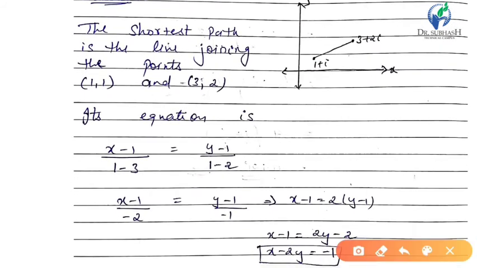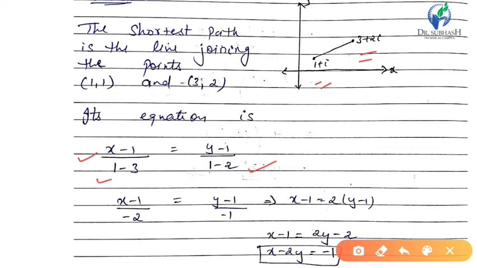See, the shortest path is the line joining the points 1, 1 and 3, 2. Its equation can be written as (x minus 1) upon (1 minus 3) equal to (y minus 1) upon (1 minus 2). This is the equation of a straight line which we have already learned in basic maths.